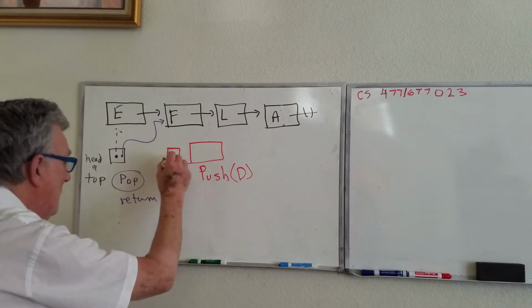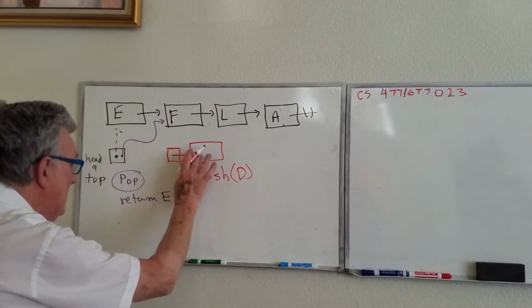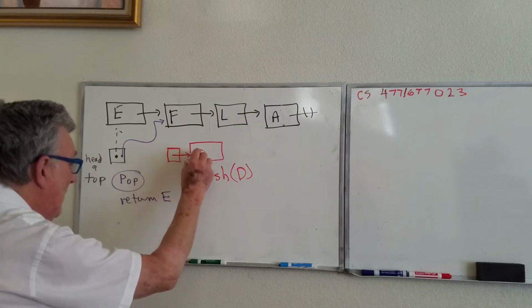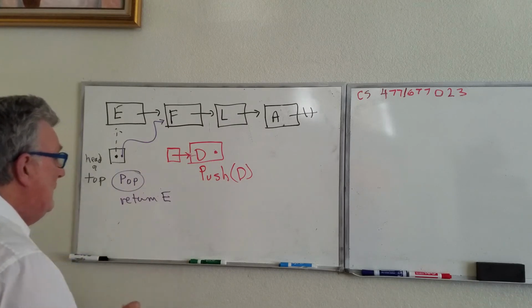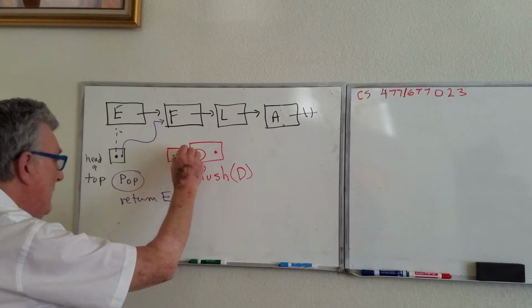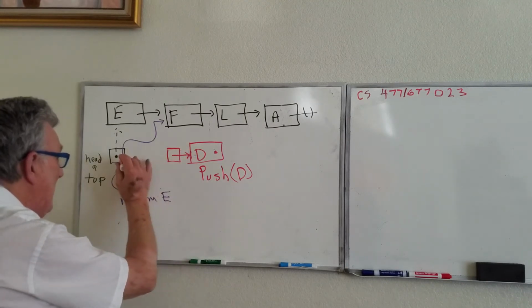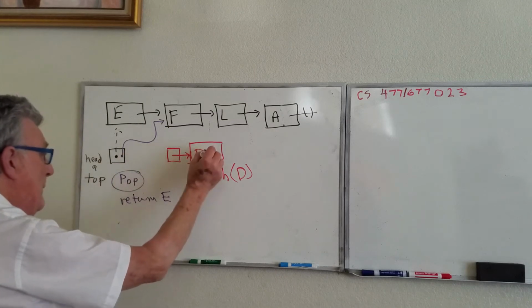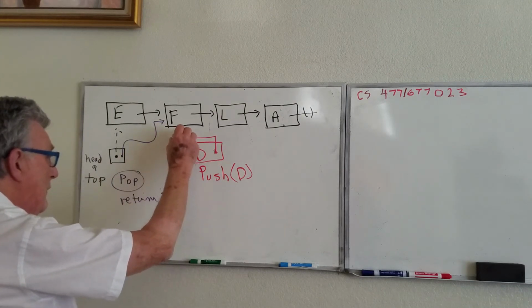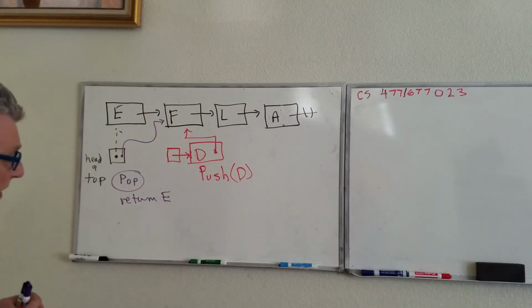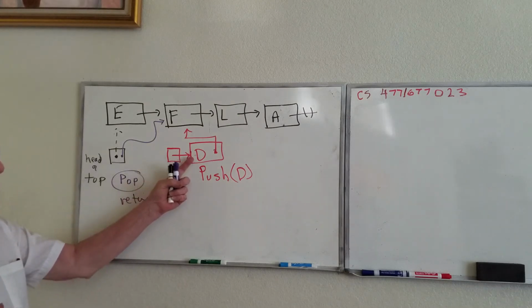We would create local variables, and we would put a D here. Then the pointer field of this local variable D would be copied from the head item, and there it would be.